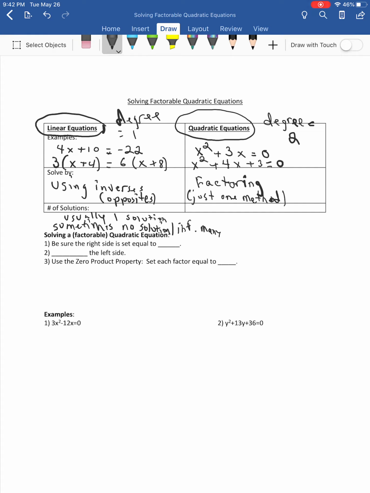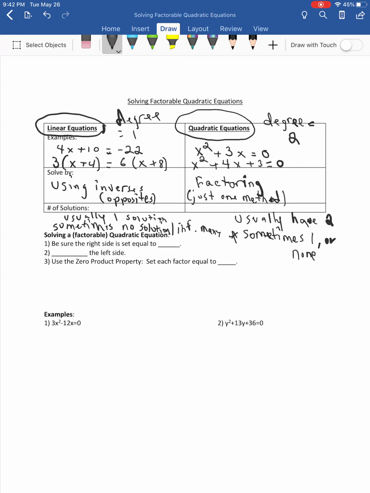Number of solutions. Quadratic equations usually have 2 and sometimes 1 or none. Okay, we don't have the infinitely many solution case with quadratic equations like we can sometimes have with linear equations.